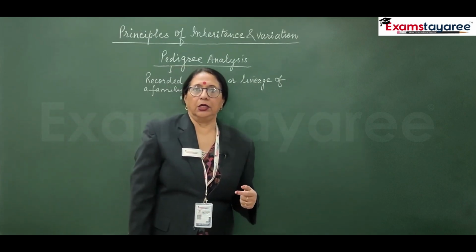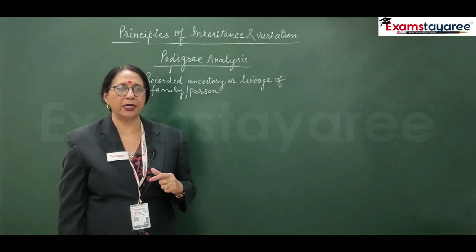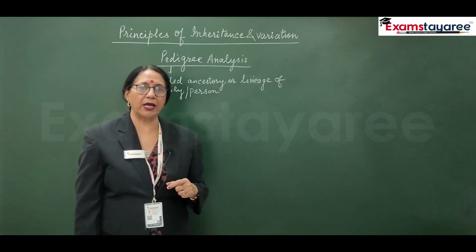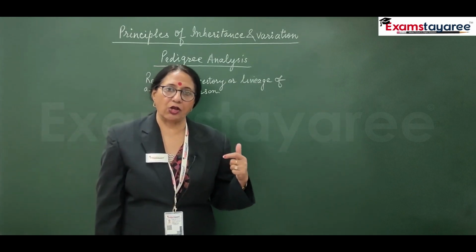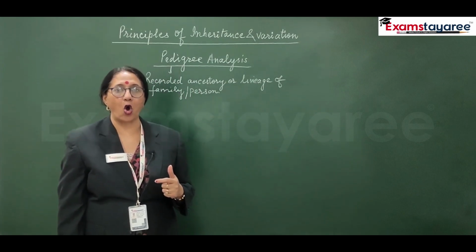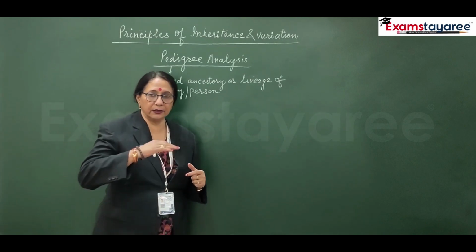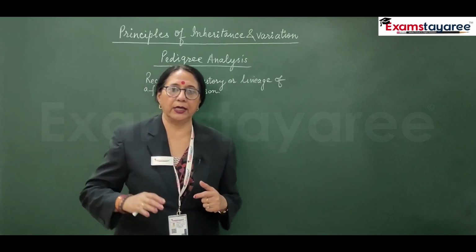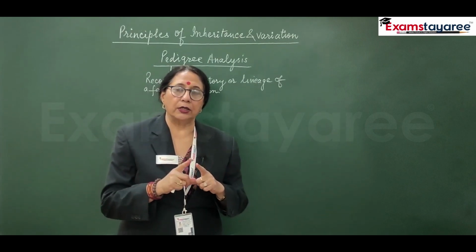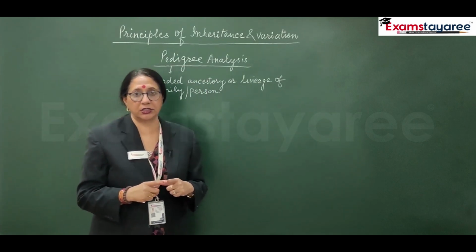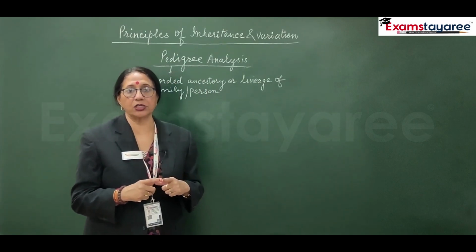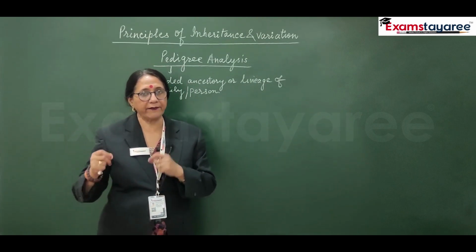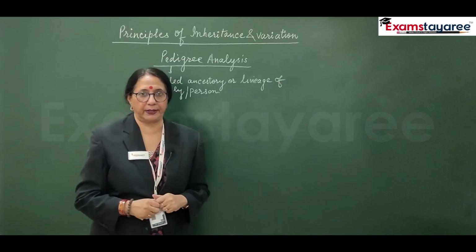So, you know that in plants and animals, there are methods by which we can understand the zygosity of plants and animals, or we can understand the descent history by certain methods like cross, test cross, back cross, etc., in which we cross the F1 generation with one of the parents.